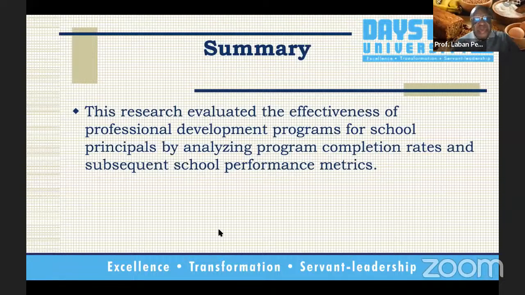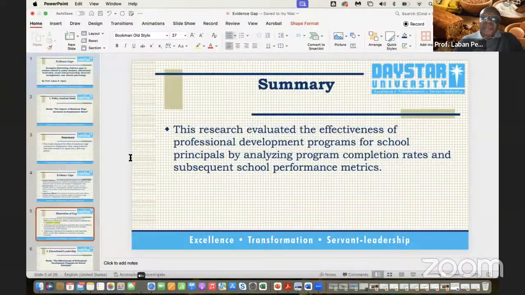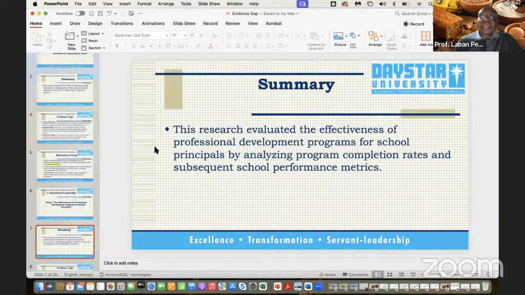Can I caution you that if you are going to fill an evidence gap, definitely you have to engage more rigor, qualitative rigor, quantitative rigor, and allow for validation, allow for triangulation so that the evidence is solid, is valid.